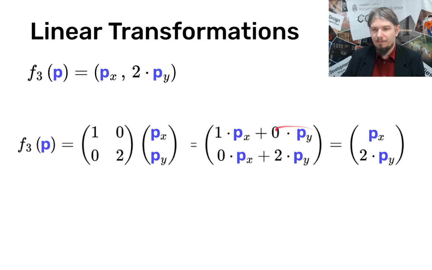So we don't want any py added to the first coordinate of the result. It's just px. And then the second row multiplied with this vector will give us 0 times px plus 2 times py, and this gives us 2 py. So this will be the matrix that does this mapping.